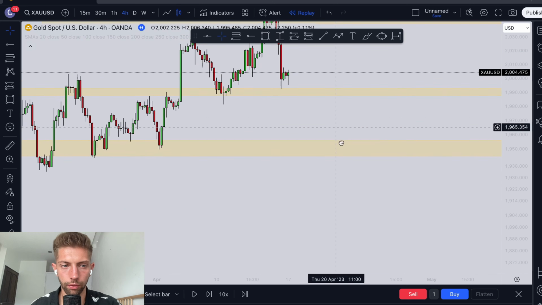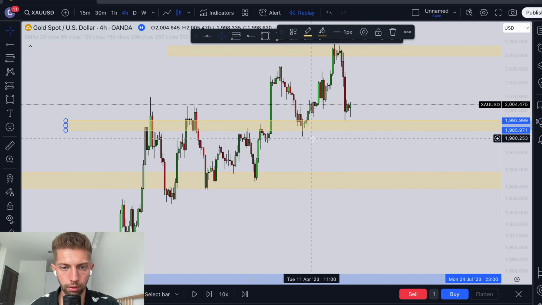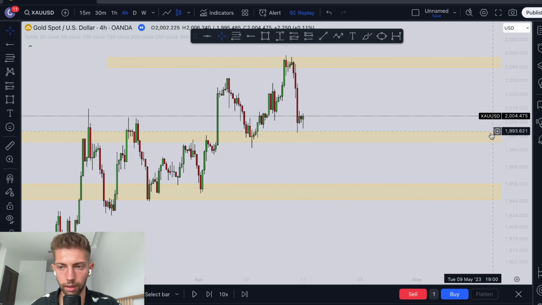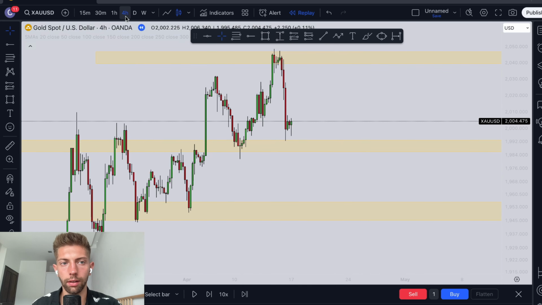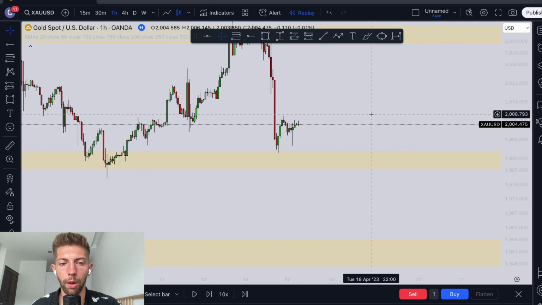Let's drop down on a H4. Okay, this key level looks good. Yeah, everything looking good. So I'm waiting for some buy position on my key level.